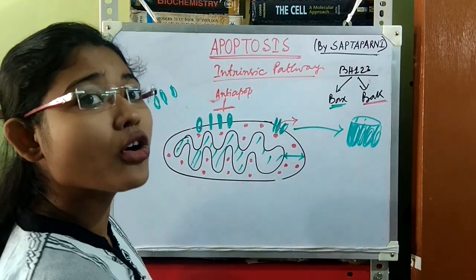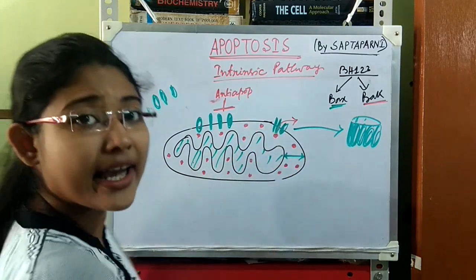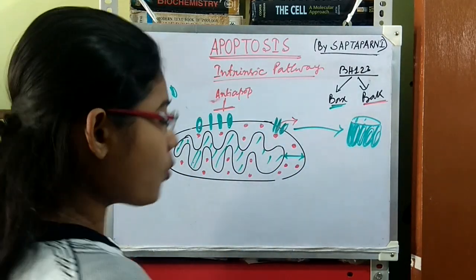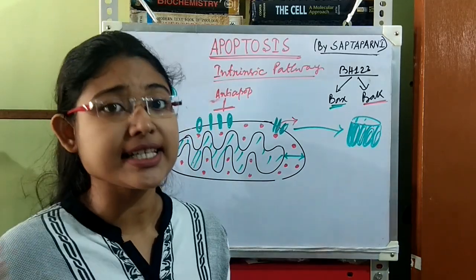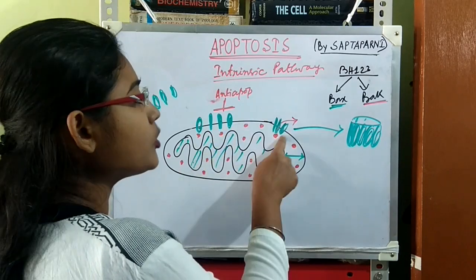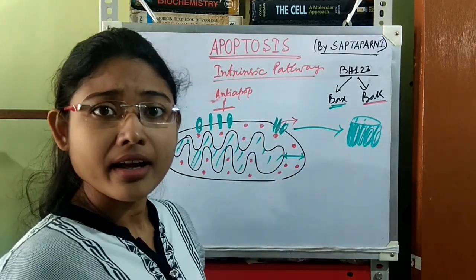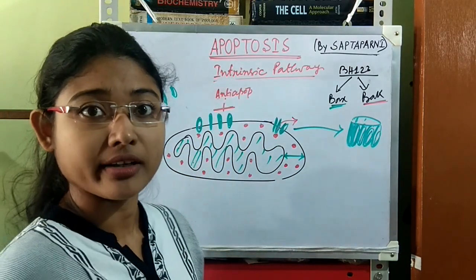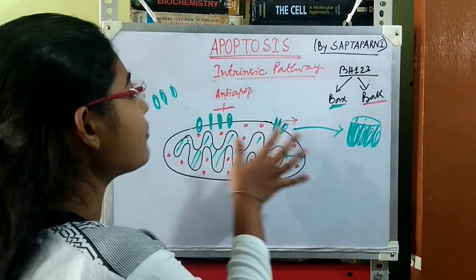That is why they cannot form a channel like this. Whenever an apoptotic signal comes, then you need to activate them to form the channel. For that, you need to inactivate this anti-apoptotic protein. Then only they can form the channel.